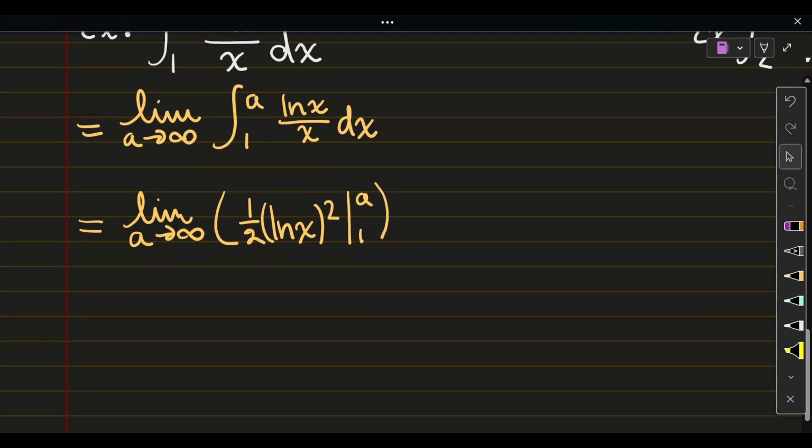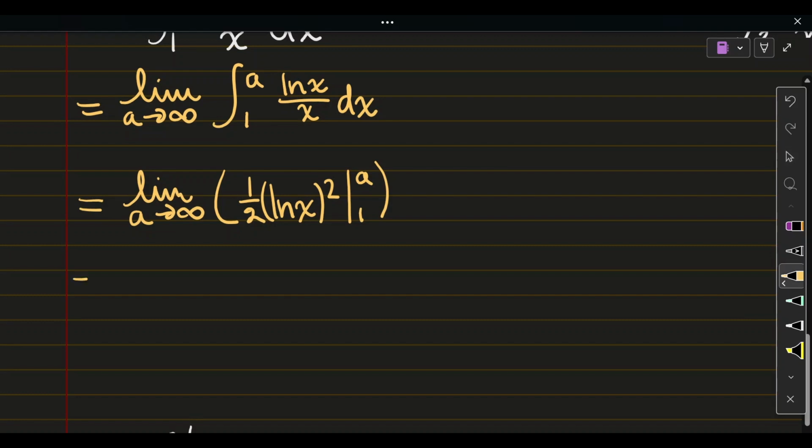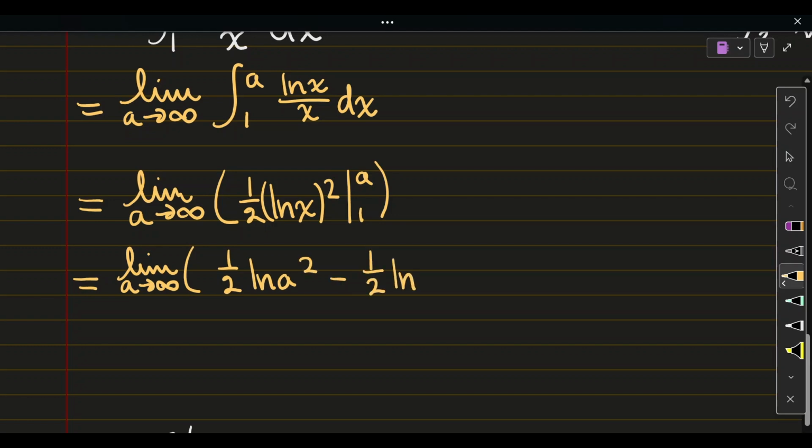Now, this is the limit as a goes to infinity of 1/2 (ln a) squared minus 1/2 (ln 1) squared.